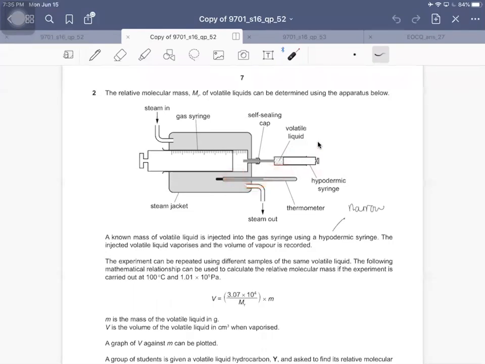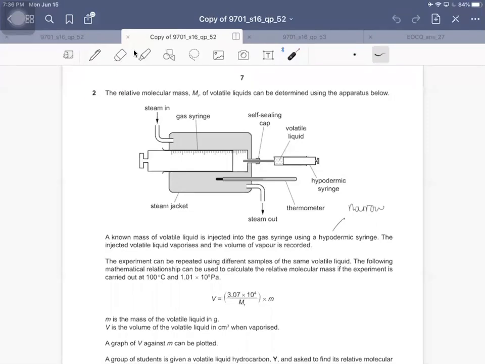Even though they are the same molecule, you have done nothing to them except that you have changed the state from liquid to gas. Now, for molecules in liquid form, the molecules are much closer together, but in gas form, they are further apart.